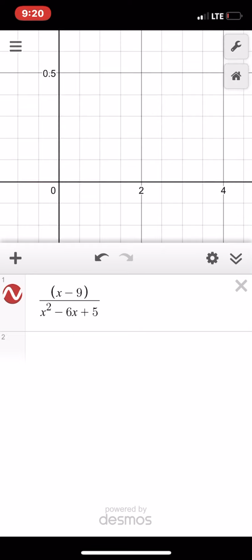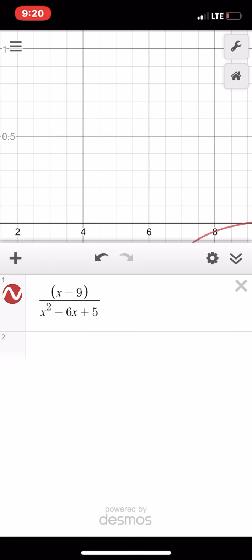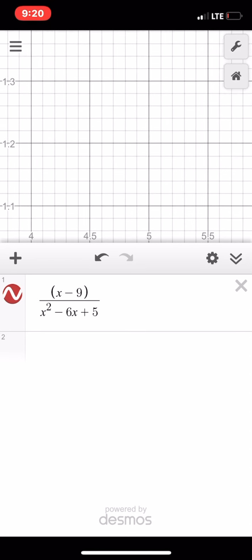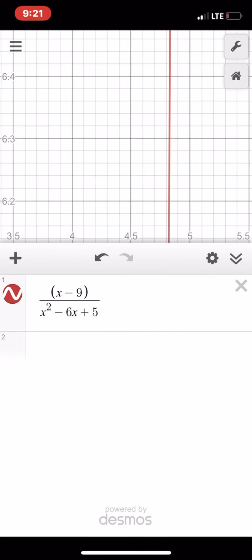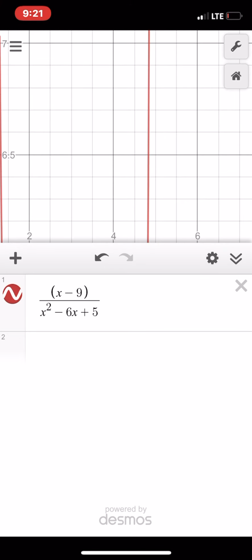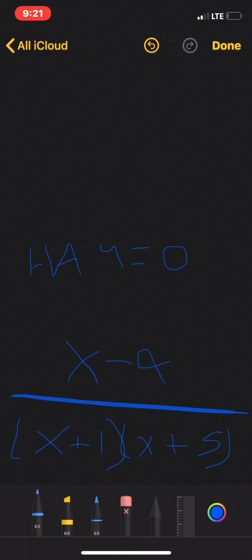And then our next one is at 5, which is right here, and then goes on forever. So then you're just going to write your solutions: 9 to infinity, and then 1 to 5.